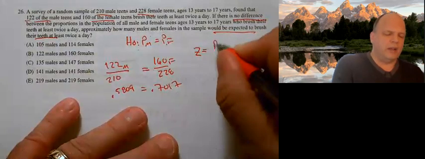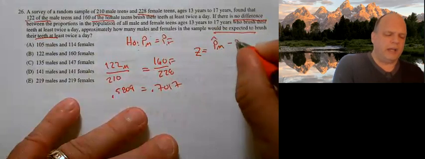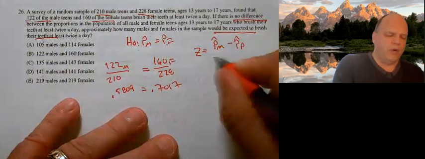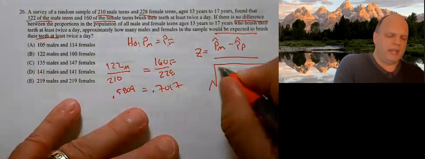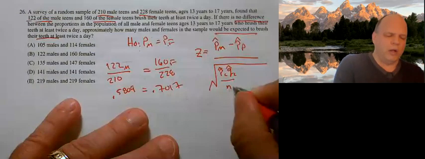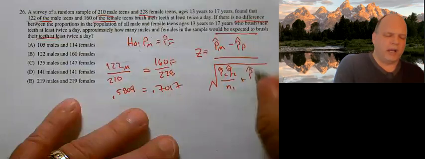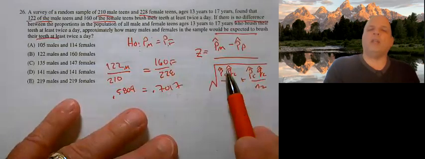Well, P hat M minus P hat F over the square root of P hat combined, Q hat combined over N1 plus P hat combined, Q hat combined over N2. And what they're asking for is, what is this combined value?